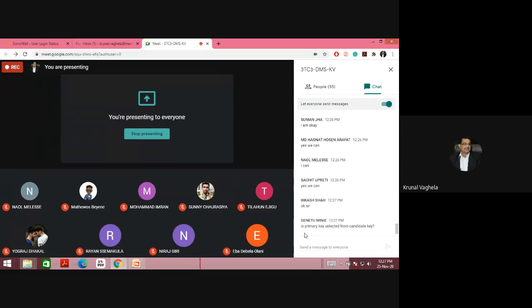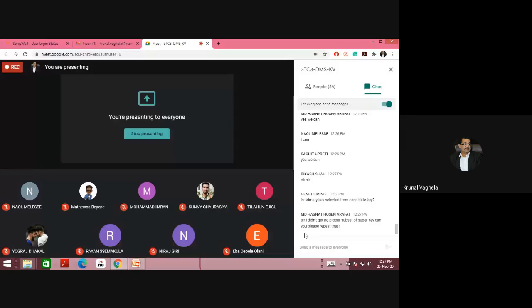If we can do that, I want to start normalization from the next lecture. Yeah, the primary key is selected from the candidate keys. You are right. Yes, a primary key is always a candidate key, but a candidate key may not be a primary key. Exactly.